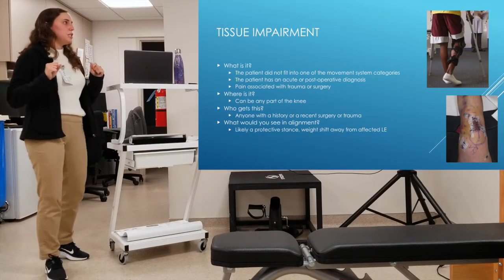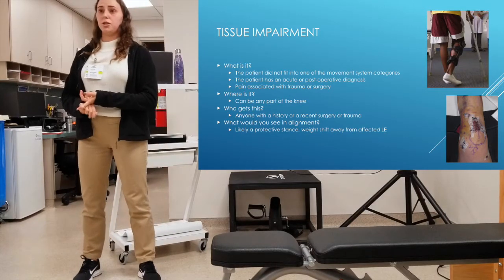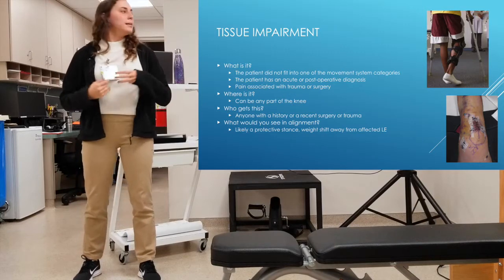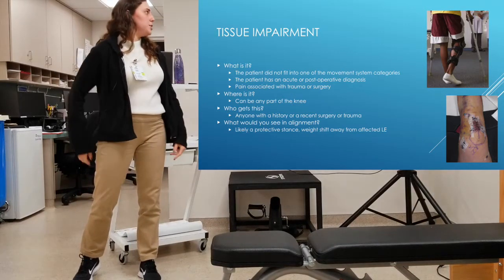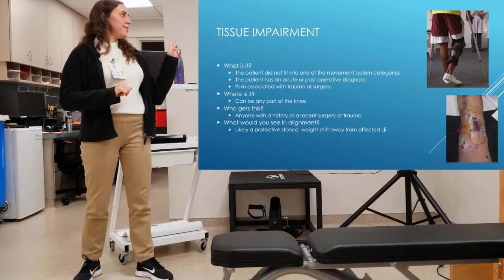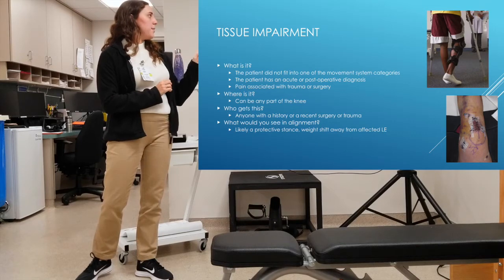Okay, so if a patient doesn't fall into any of those movement diagnoses, like they recently had a surgery, maybe they're not even weight bearing yet, or they had a traumatic trauma happen to them, then we can give them a tissue impairment diagnosis. So there are 3 different tissue impairment diagnoses that are given. We'll get into that on the next slide.